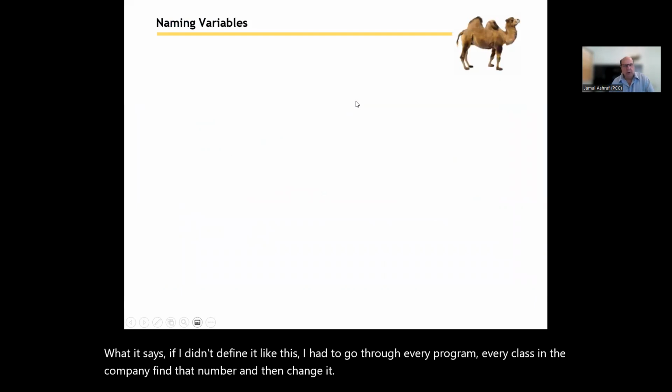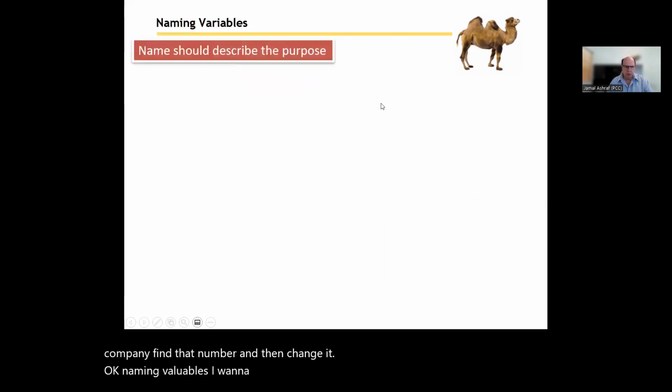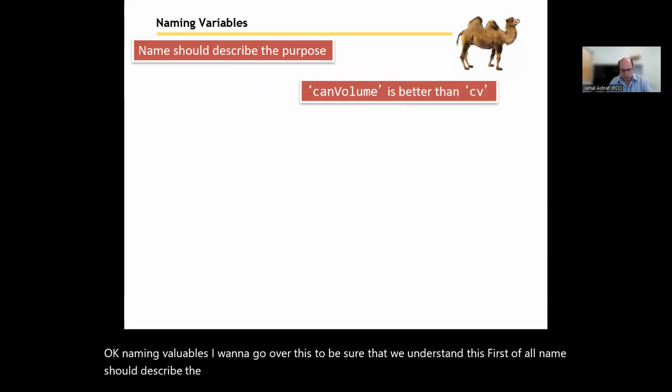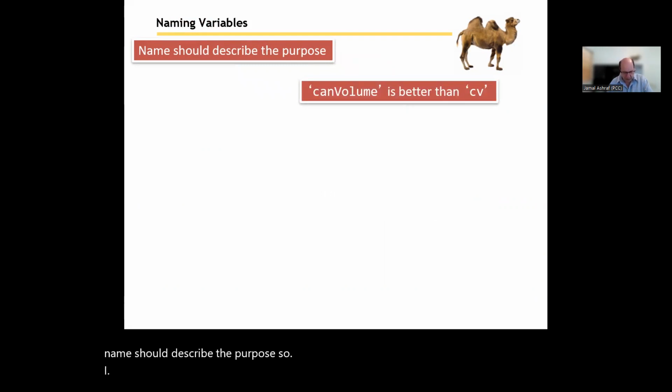Okay, naming variables. I want to go over this to be sure that we understand this. First of all, the name should describe the purpose. So I have asked, and I will ask you, when you have one single character or some abbreviation, I'm going to ask you, what does that mean?